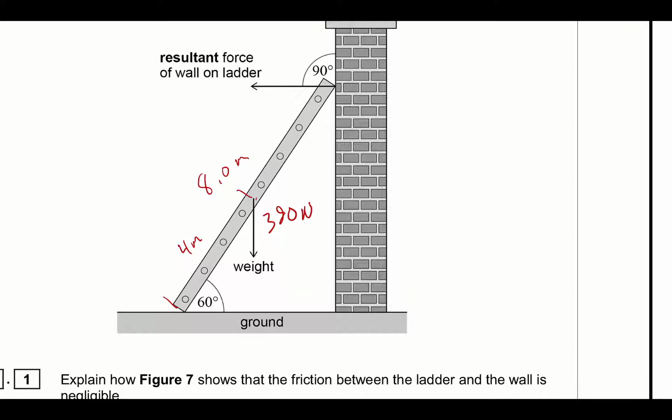So I am going to take my moments about G. This here is my moment arm. So this moment is going to be 390 times 4 cosine of 60.